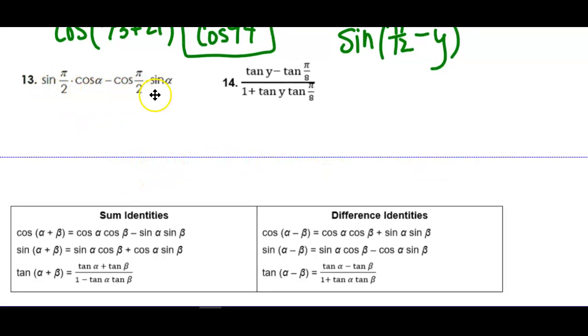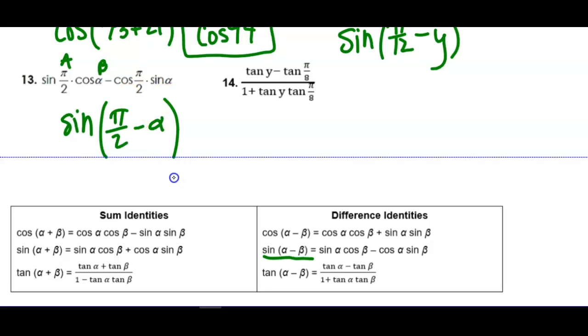Sine, cosine minus cosine, sine is this one. So we have the sine of a minus b, which is an alpha. This is actually on your sheet, I believe. I don't know if I included it.